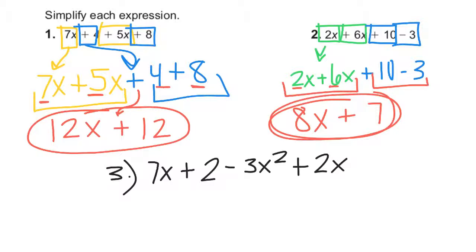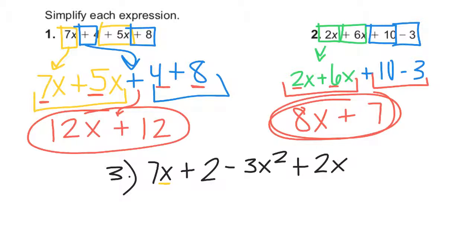So I actually have two variables, I have an x and I have an x squared. These are not the same variables because this x right here is only x to the first power, where this x over here is x to the second power. So they do differ. So they're going to represent two different variables.